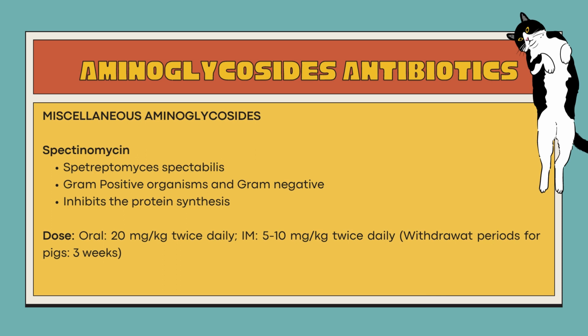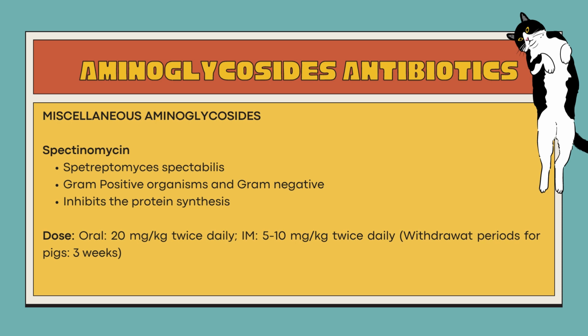Lastly, we will discuss the miscellaneous aminoglycosides. First, we have spectinomycin, an aminocyclitol antibiotic produced by Streptomyces spectabilis. It is active against several gram-positive organisms, a wide range of gram-negative bacteria, and Mycoplasma species.